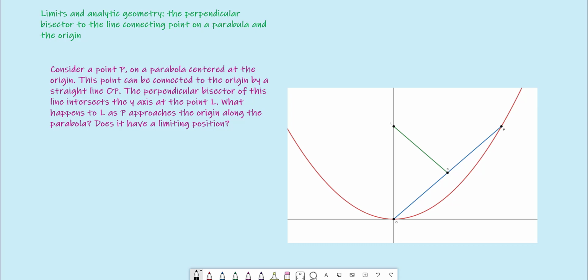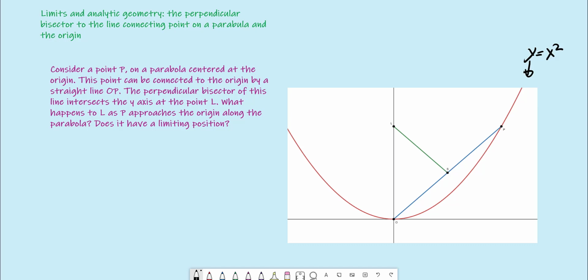In this diagram here, you can see a parabola, and the parabola is just y equals x squared. So this is the simple parabola centered at the origin, where for every x, the y value is just x squared.